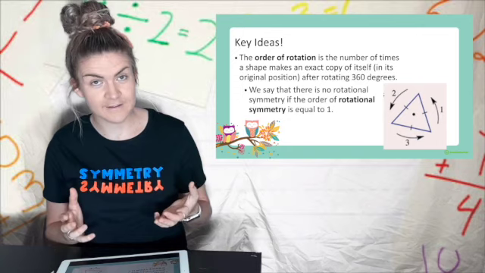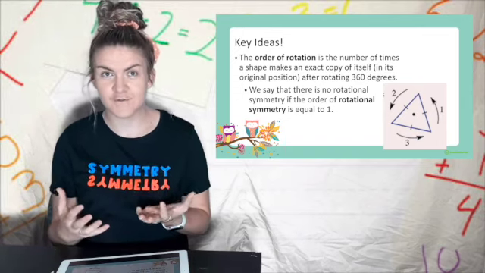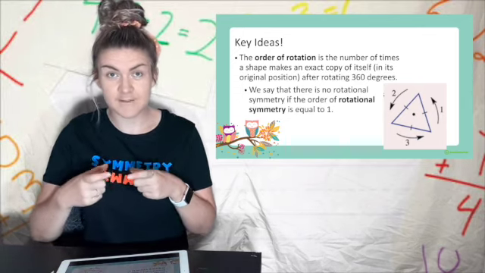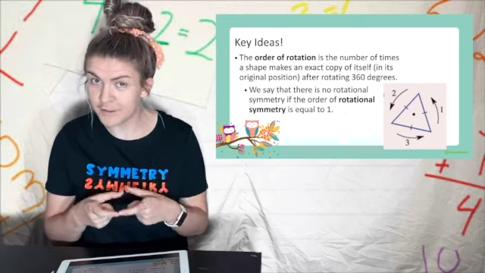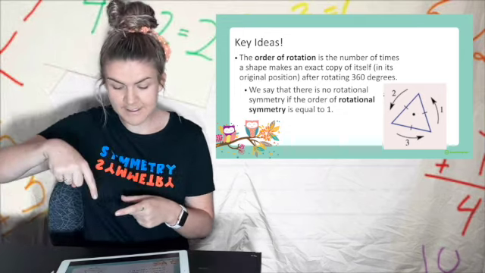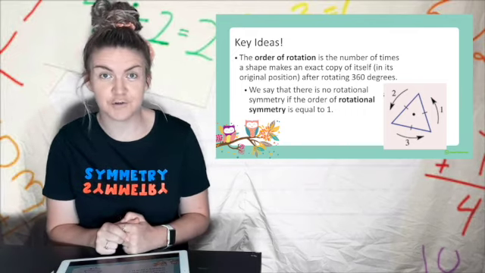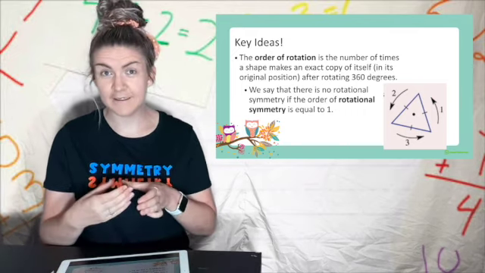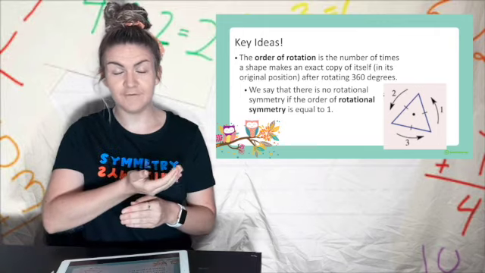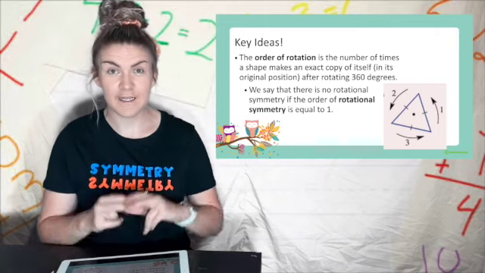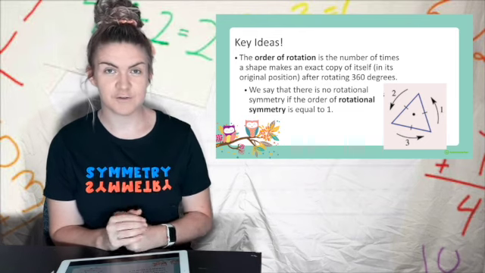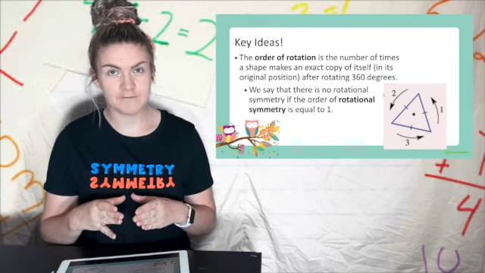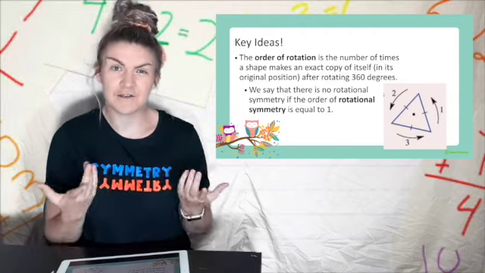On the other hand, the order of rotational symmetry is the number of times a shape makes an exact copy of itself in its original position after it rotates 360 degrees. If a shape is irregular and it never repeats itself the whole way round, so it has no rotational symmetry, we say the order of rotational symmetry is 1, because it always makes that original position one time.